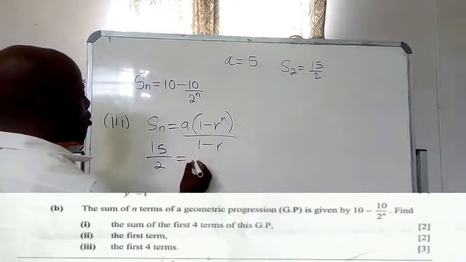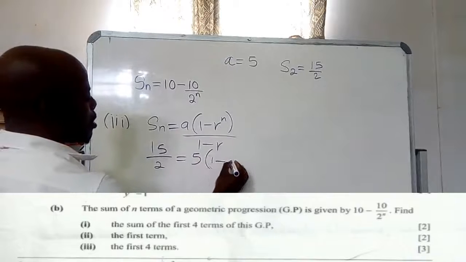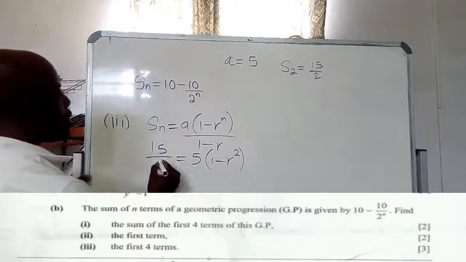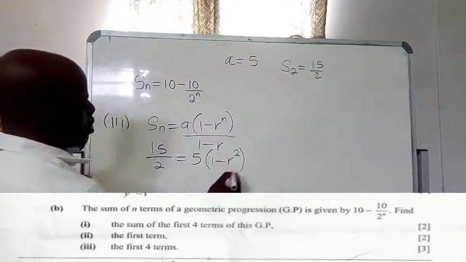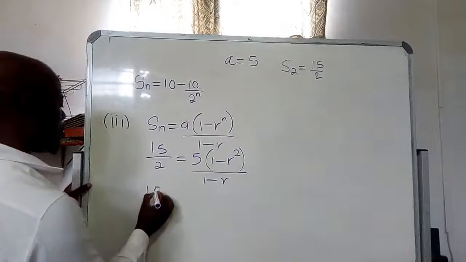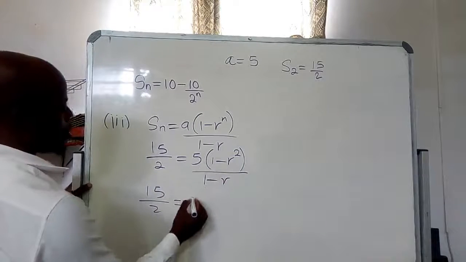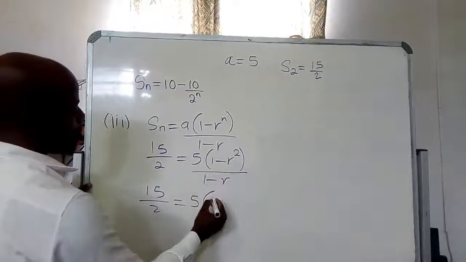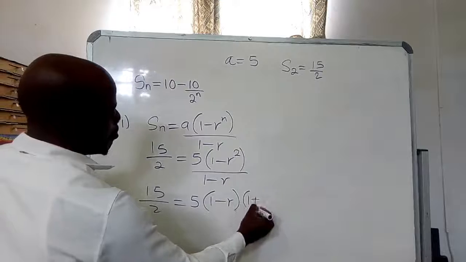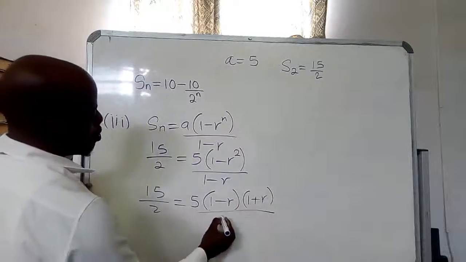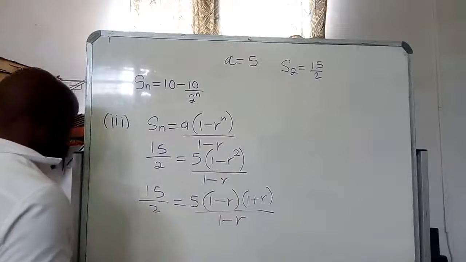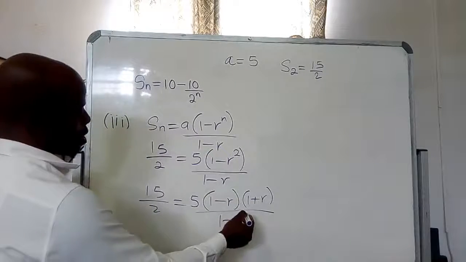Then our A we found is 5, times 1 minus R to the power 2, since we are dealing with two terms, over 1 minus R. So 15 over 2 is equal to this. We use the difference of two squares. In case you don't know what it means, check one of my videos where I've talked about difference of two squares.